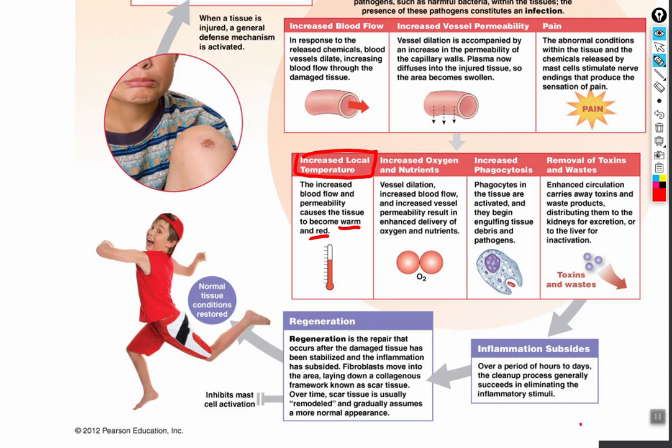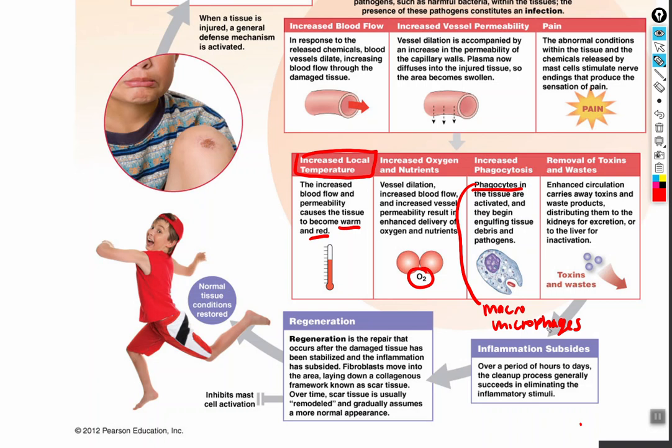You've got all kinds of phagocytic activity, including macrophages and microphages. You might even get some neutrophils from the bloodstream coming in, because neutrophils are really good at eating bacteria specifically. So that's going to clean up any pathogens or debris from the tissue.